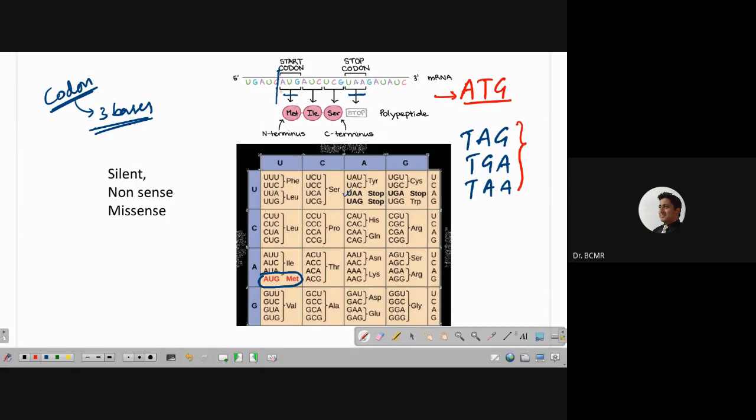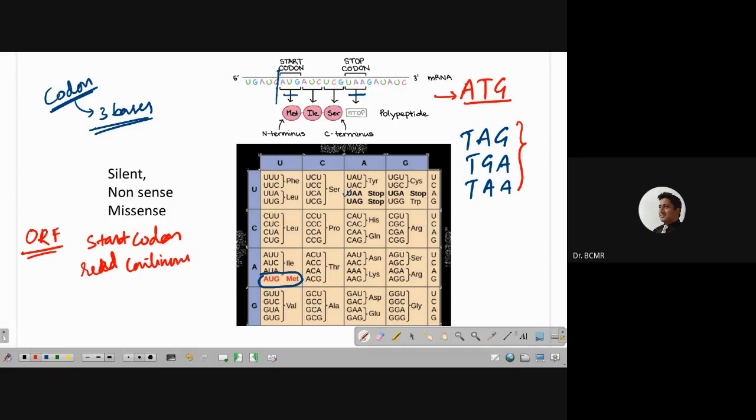So this is reading in frame. When you say reading in frame, you mean that the open reading frame, ORF, has several things. It starts with the start codon, then it is read continuously. What does that mean?